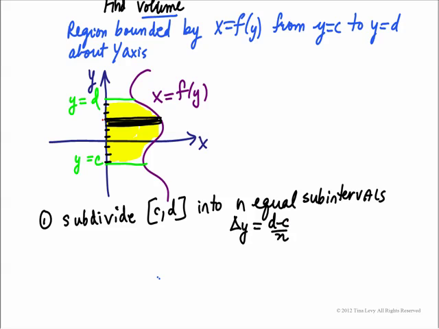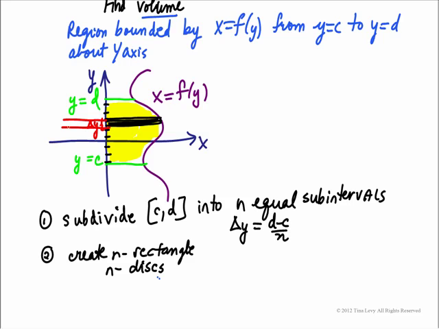So this becomes delta y. Then quickly working this, after we've created n rectangles, from that we're going to get n disks. So we will get n disks. So that's roughly what it looks like.